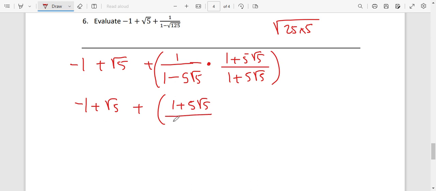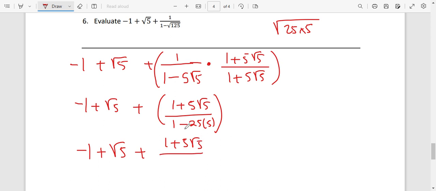In the denominator, get the first one, you square, 1 squared is 1, then minus 5 squared is a 25, 5 times root 5 squared is a 5. And then we're going to have negative 1 plus square root of 5 plus 1 plus 5 root 5 divided by 25 times 5 is 125. So 1 minus 125 is a negative 124.